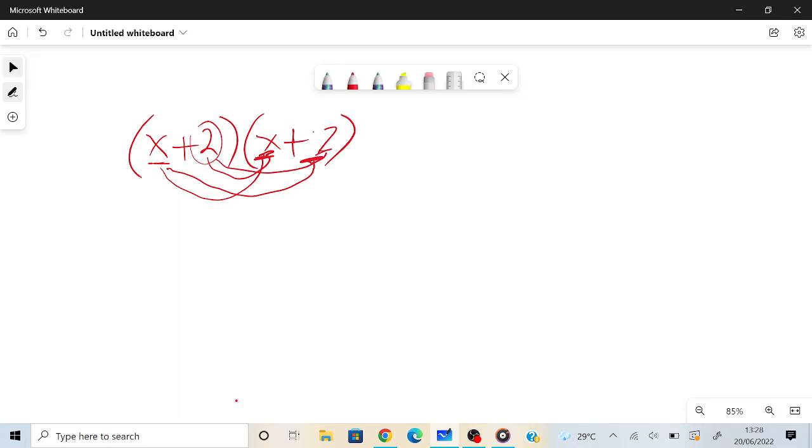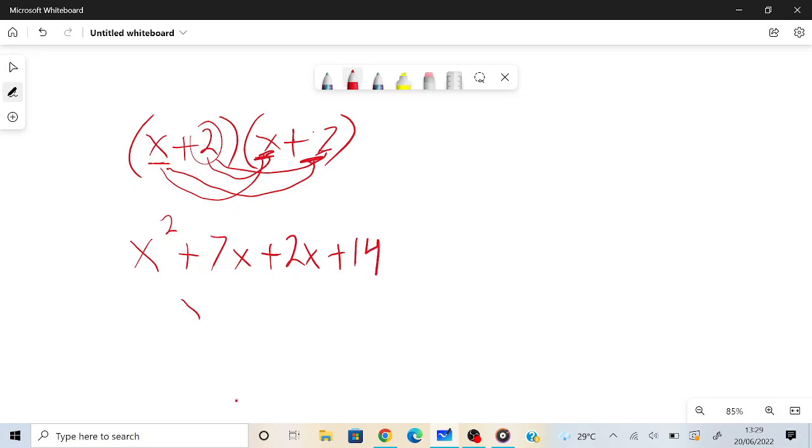So let me do that, it will make it a bit easier. So x times x, that's x squared. Then x times 7, that's plus 7x. Then you take the 2 and do it with 2. So 2 times x, that's 2x, plus 2 times 7, that's 14.